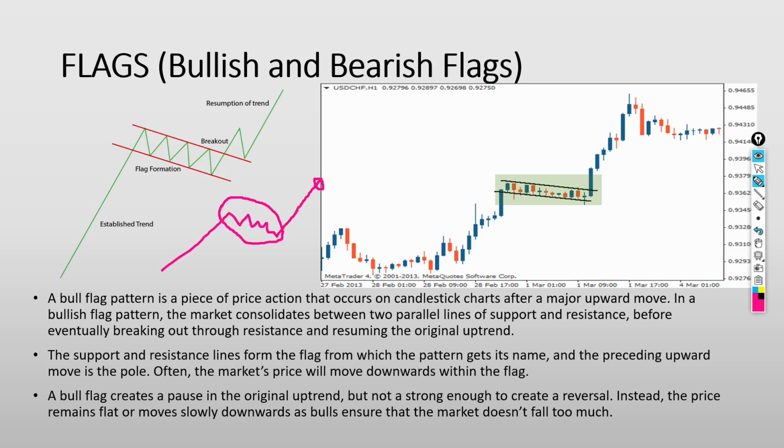This is what you're seeing in the image right here. So here the price was moving high. When it consolidates between the resistance and support level, it forms a downtrend. It looks like a downtrend, but this downtrend fails after the break through the upper resistance line. The upper resistance line then becomes a support, and this support level helps the price to move high again, hence becoming a continuation pattern.